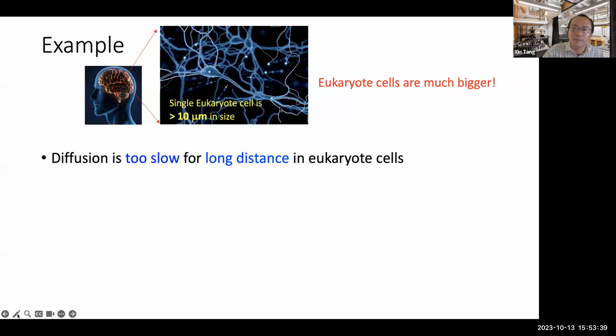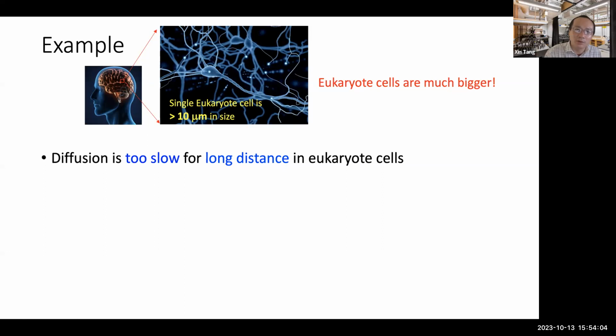That is not efficient for us, right? We want the neuron to work very quickly so that we can think quickly and react quickly. Those long neurons in our body help us quickly react to external stimulation. If you touch a hot cup of coffee, once your finger touches it, you want to quickly retract your hand.